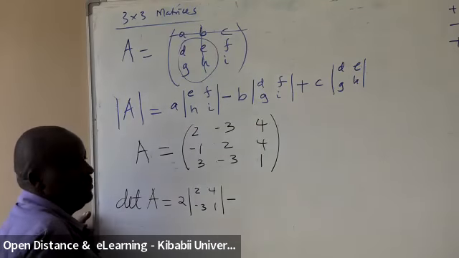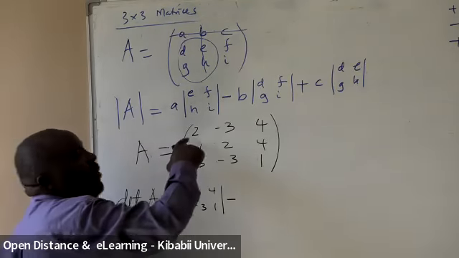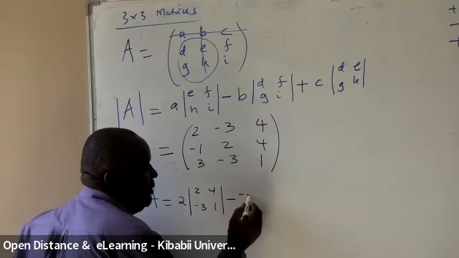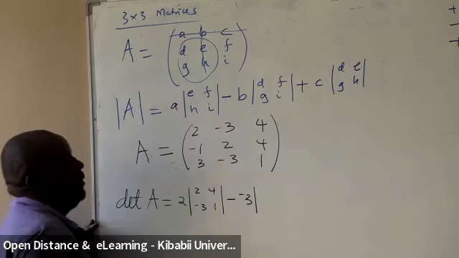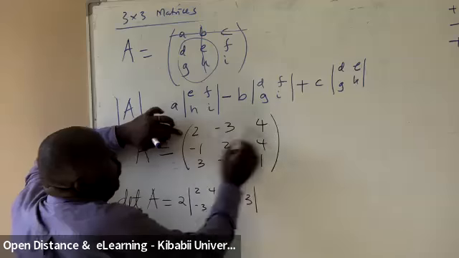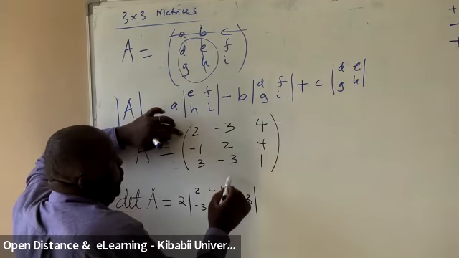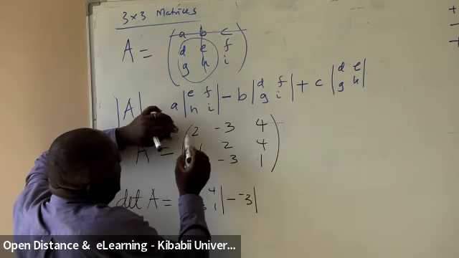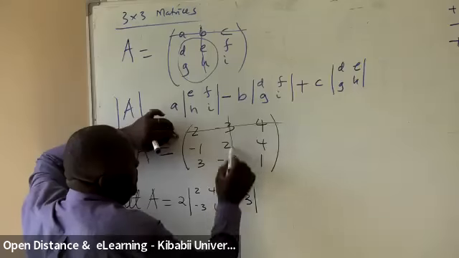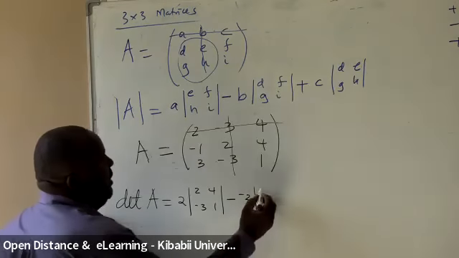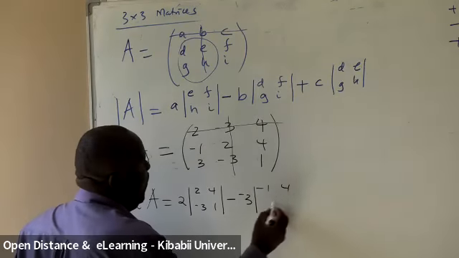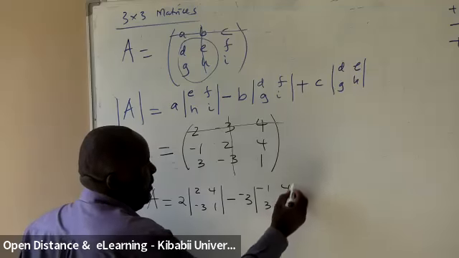Minus. The second term on row 2 is -3. So we are deleting row 2, column 2. That leaves us with -1, 4, 3, 1.